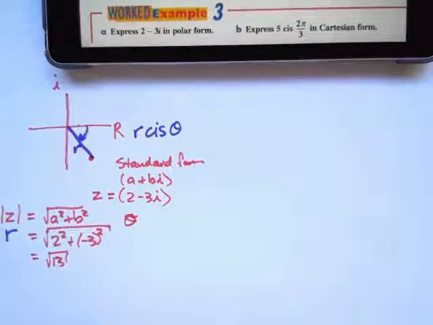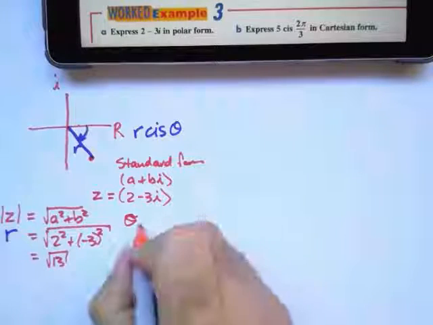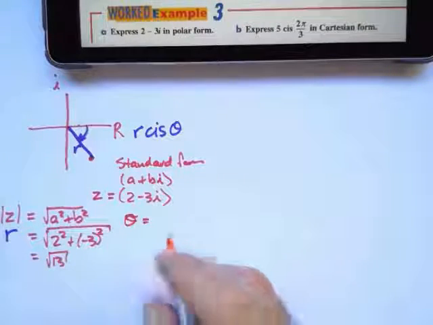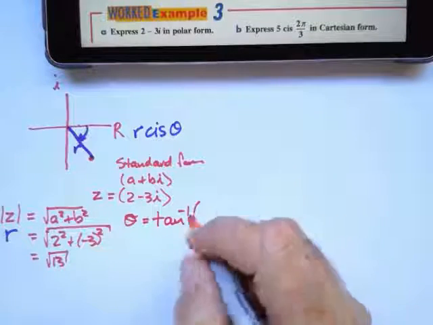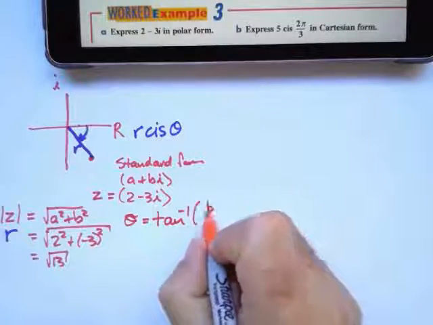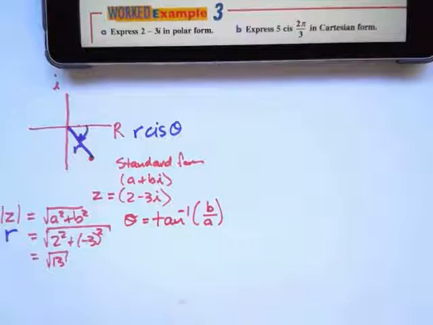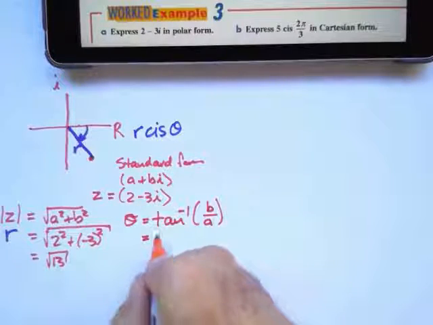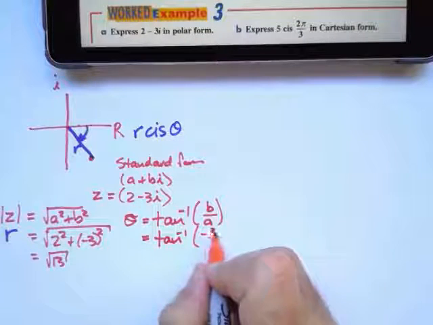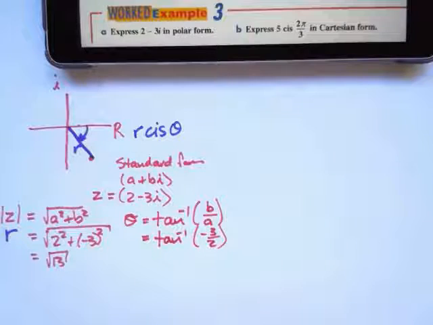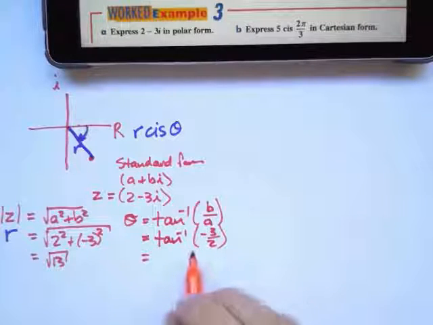Okay, so we will need to find theta now. Theta equals the arctan, or the inverse tan, of b over a. This will give us the arctan of b, which is negative 3, over 2, so arctan of negative 3 over 2.